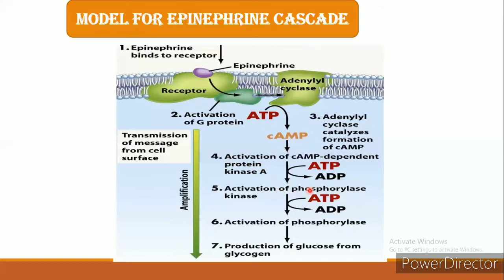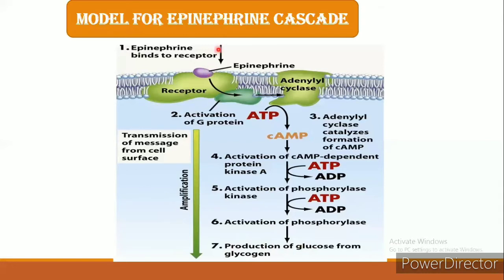Then this phosphorylase kinase activates phosphorylase B, and this phosphorylase B converts glycogen to glucose. This is the process of amplification, also a model for the epinephrine cascade.